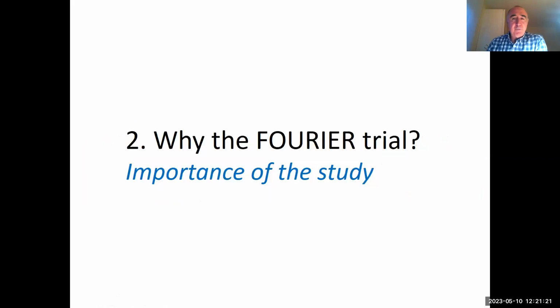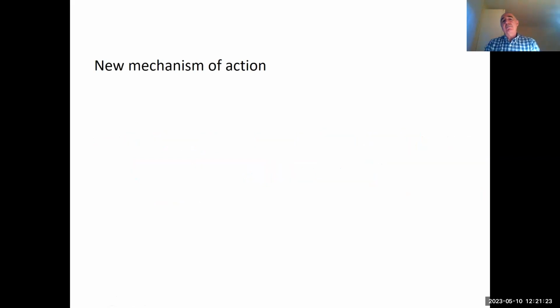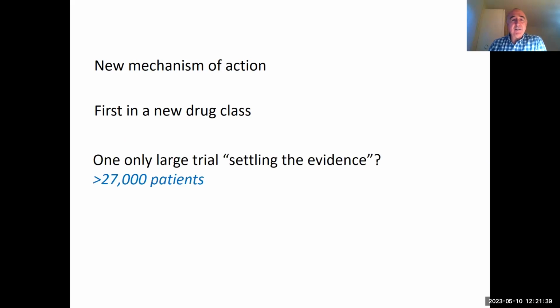So why the Fourier trial? Well, first, when this drug was launched onto the market, this was a new mechanism of action. This was the first in class, a new drug class. The trial was really large, and this trial could be settling the evidence. Whenever you review the evidence of anything, if there's a trial that has so many patients, probably the trial will settle the evidence.